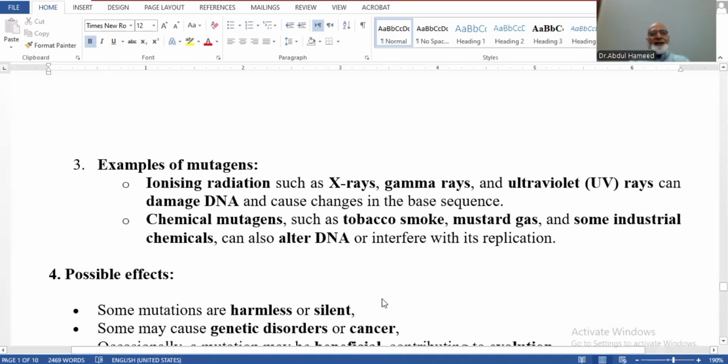Ionizing radiation such as X-rays, gamma rays, and ultraviolet rays can damage DNA and can cause a change in base sequences, so mutation. Chemical mutagens such as tobacco smoke, mustard gas, and some industrial chemicals can alter the DNA or interfere with its replication.